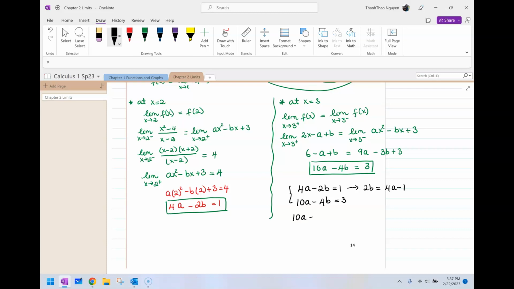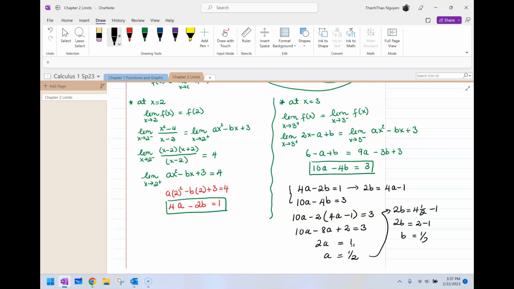So 10a minus 2 times 4a minus 1 equals 3. 10a minus 8a plus 2 equals 3. 2a equals 1, a equals a half. With a equal a half, 2b equals 4 times a half minus 1. 2b equals 2 minus 1. b equals 1 and a half.